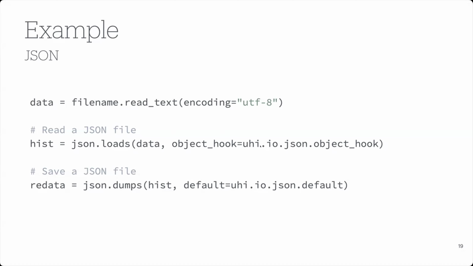And in uhi.io.json, we provide an object hook, and really the only thing it's doing is making sure it loads those NumPy arrays correctly. Same thing with saving a JSON file. We just dump this back out to JSON, and again, we pass default equals, and we have a uhi.io.json.default that you put here.